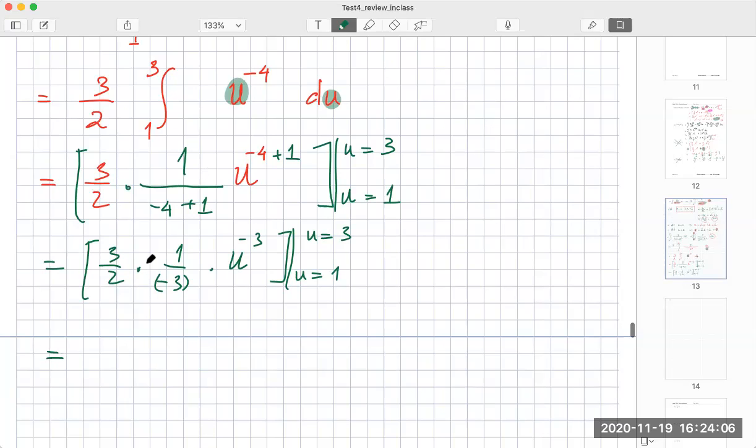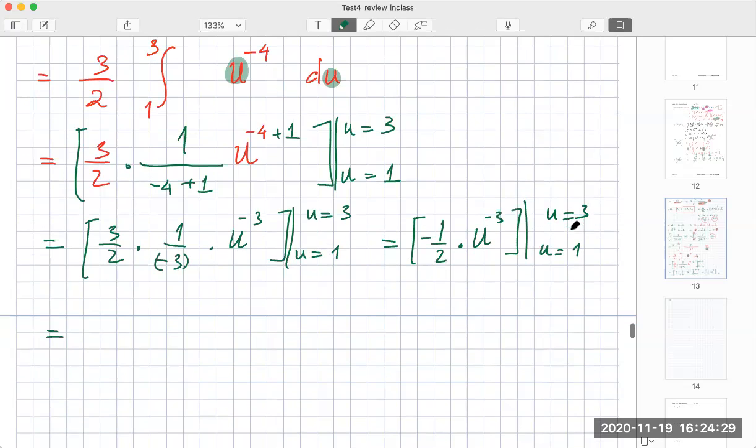Before doing this, let us simplify this number. 3 cancels with -3, giving us -1, right? This fraction becomes -1/2 of u to the -3. Is it okay?